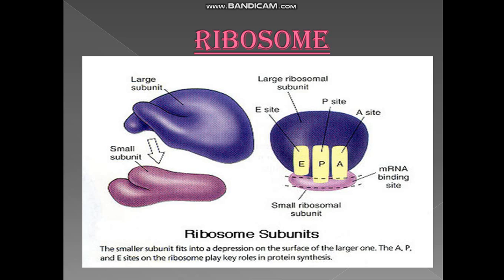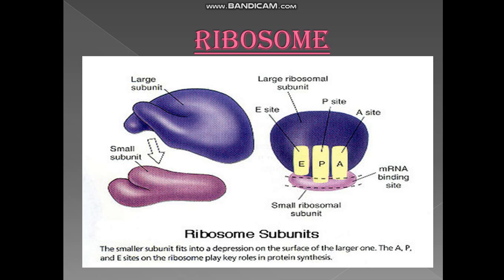Clear? So as far as this structure is concerned, you need to understand what a prokaryotic ribosome is made up of and what a eukaryotic ribosome is made up of. Sometimes in boards they ask to differentiate between the functions of the larger subunit and the smaller subunit.